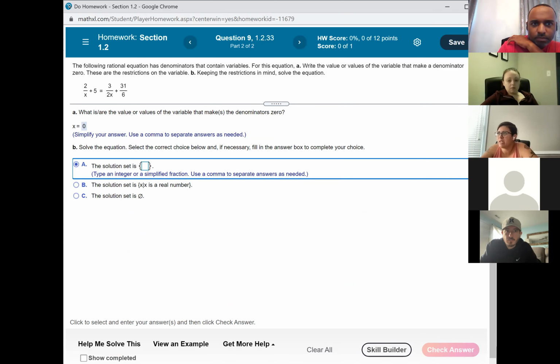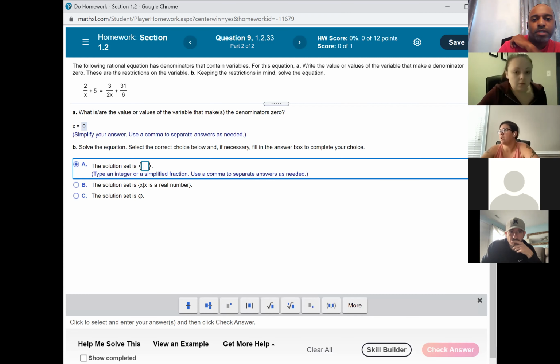So on mine it says, what are the value or values of the variable that makes the denominator 0? And then it has x equals what? Simplify your answer, use a comma to separate answers as needed. So that's the question. So are you putting 10 right there? Yes. Yeah, that's where you see 10 is actually going to be for B. So if you look at my screen, that's where the solution is. So now what are they asking, B? Mine only shows A. Yeah, it won't pop up until you answer A. Okay, so I guess where does the 0 come in?